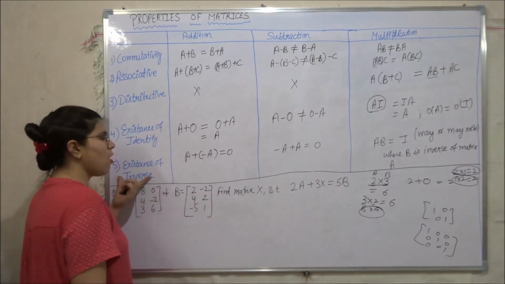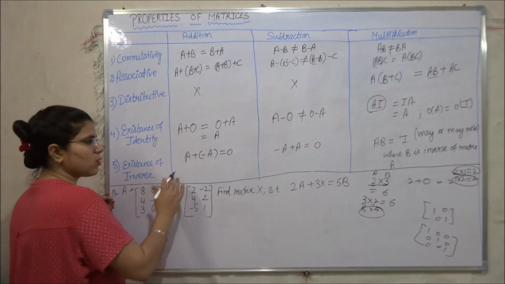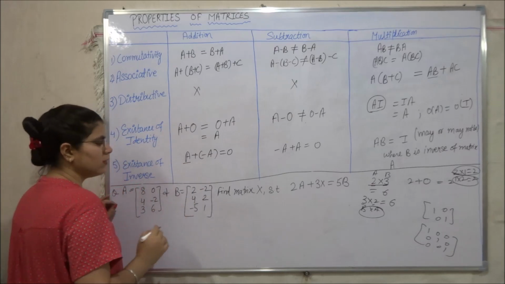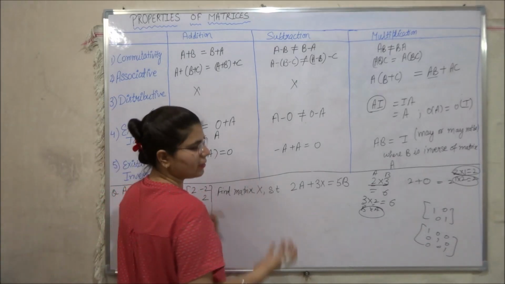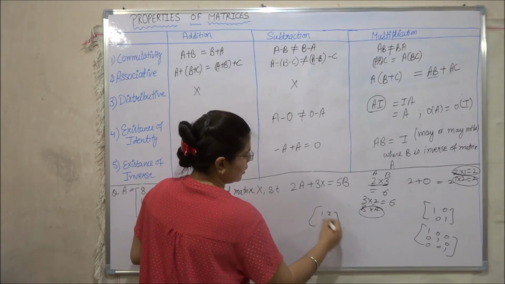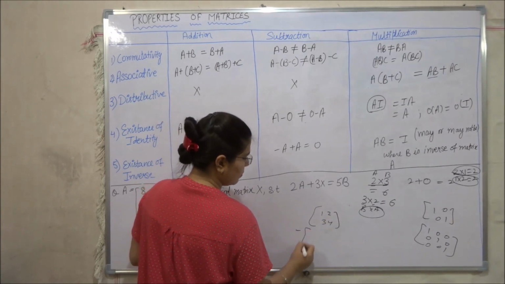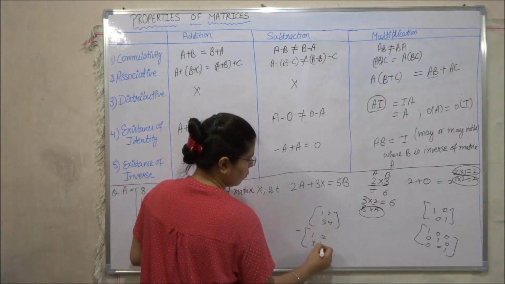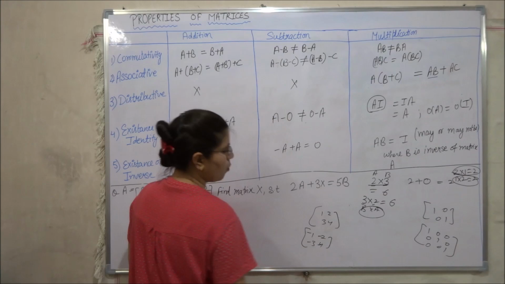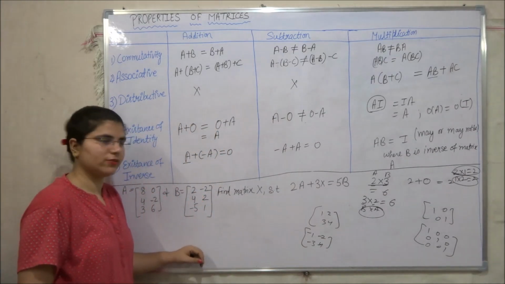Now, existence of inverse. In case of addition, the additive inverse will be the negative of that matrix. If we are considering 1 2 3 4, then the additive inverse will be negative of 1 2 3 4. That is, we will simply multiply all the elements by the negative sign.